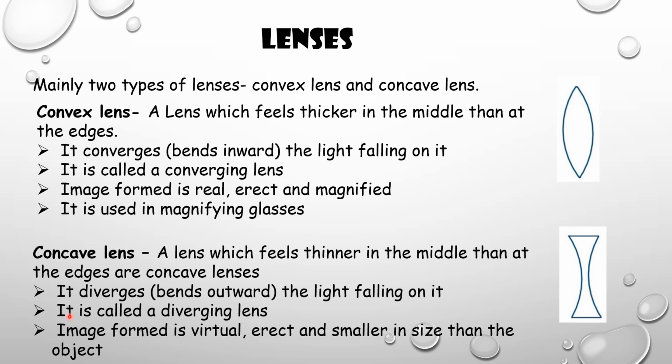So it is called a diverging lens. Image formed is virtual, erect and smaller in size than the object.